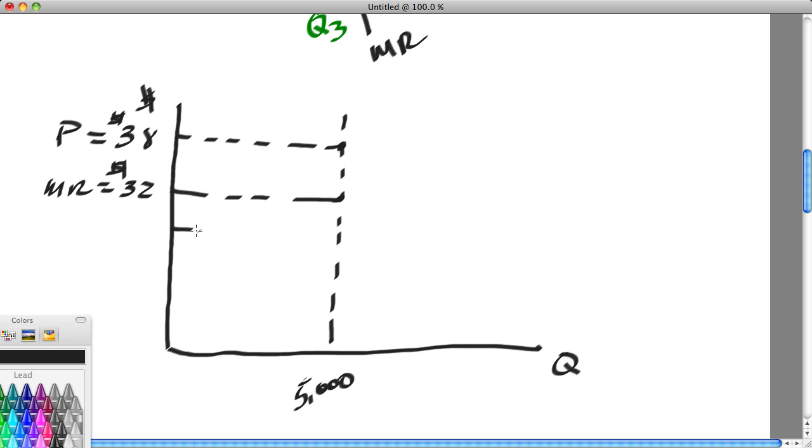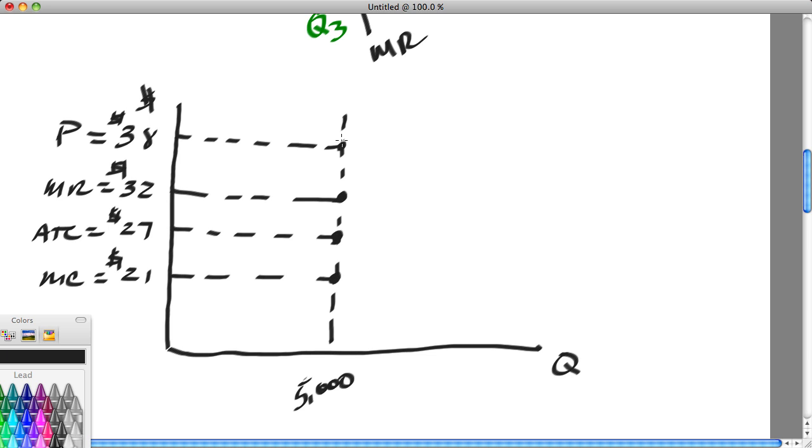Let's say the average total cost of producing 5,000 units is 27. Just making the numbers up. And let's say that the marginal cost is 21. Okay? Just making numbers up here. I'm after something. I've done this enough that I know where these numbers are going, but I want to bring an objective or two out of this.